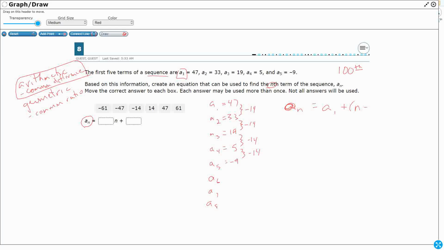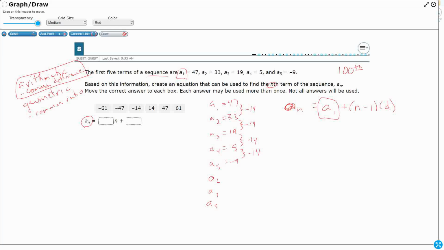So really this n minus 1 means if I were looking for the 100th term, I'm going to take 99 before it because I'm going to multiply it by that common difference. And we already said our difference equals negative 14, which means I can just start with my starting term and then calculate the 99 differences before it, 99 times minus 14, and that would give me my 100th term.